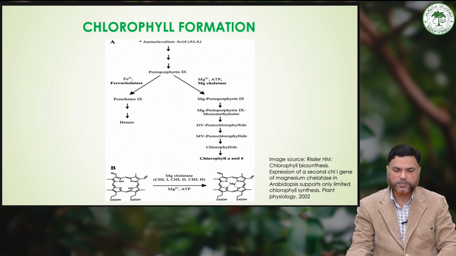At this juncture, in the initial stage of chlorophyll biosynthesis, the insertion of magnesium into the porphyrin structure is facilitated by magnesium chelatase. The activation of this enzyme also requires ATP, which in turn requires additional magnesium.